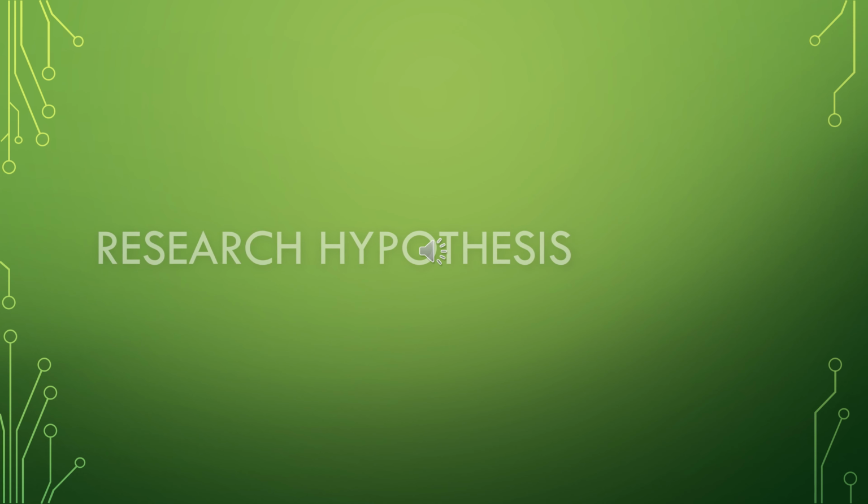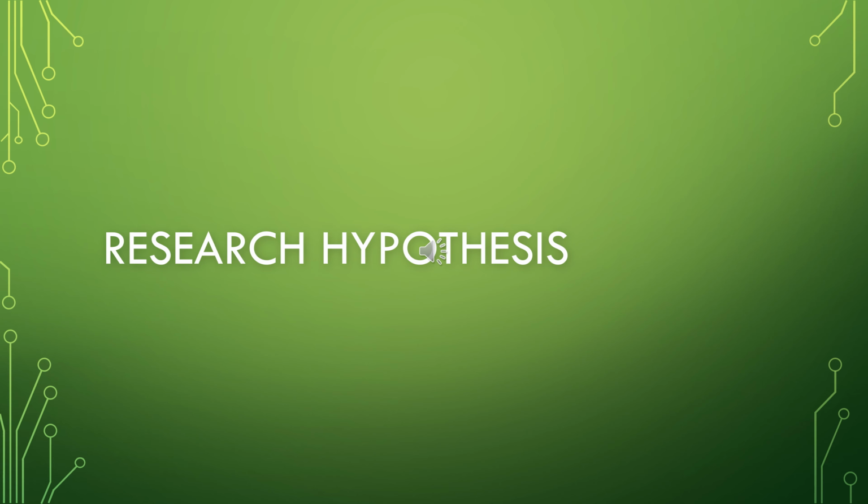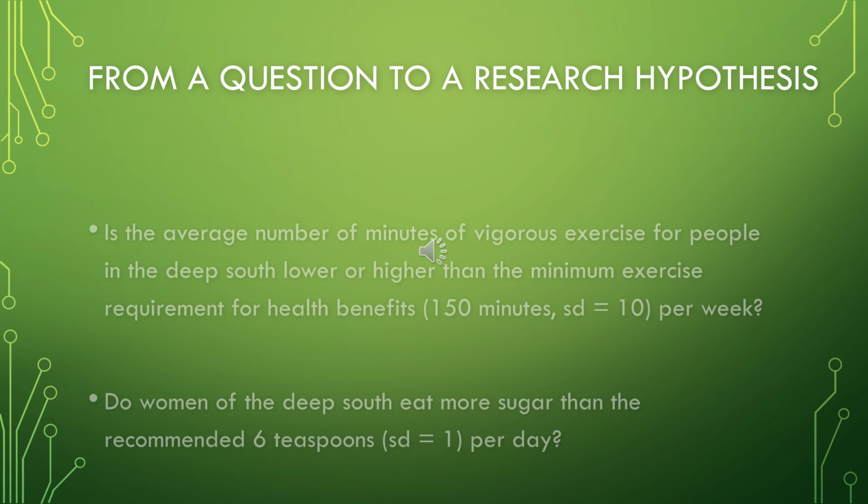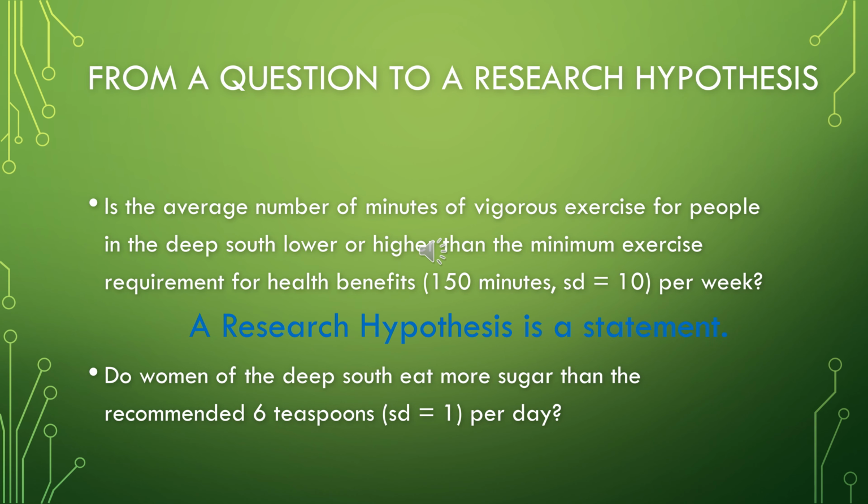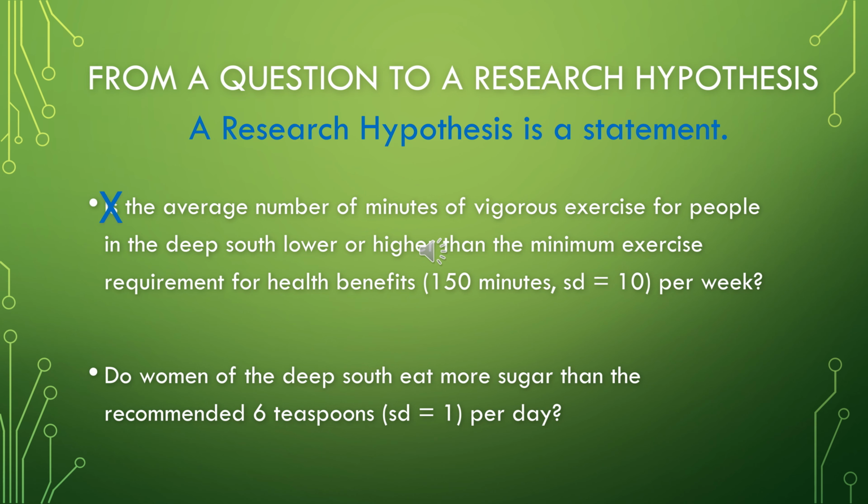When we form the research hypothesis, we need a specific, clear, and testable statement about the expected outcome of the study. And this statement usually has to do with there being an effect. We usually expect differences. To go from a research question to a research hypothesis, we're just going to turn the research question into a statement.